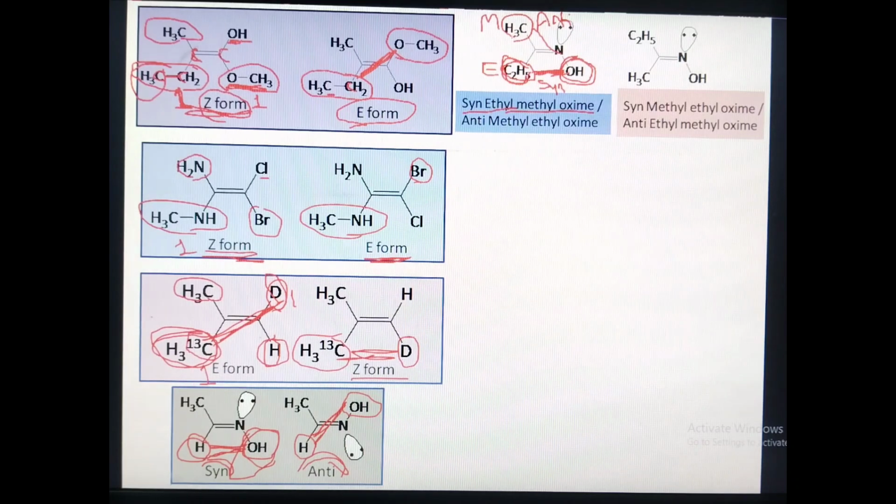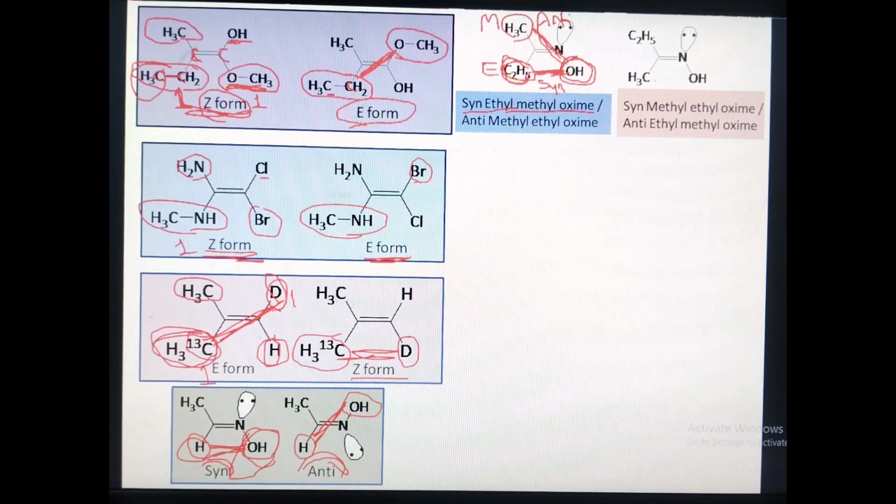Or if you want to take this methyl group first, we have to give anti, because the methyl group is anti to OH, hence anti-methyl ethyl oxime. There is no need to add syn here. We should not write syn in the place of ethyl. Just write anti-methyl ethyl oxime.